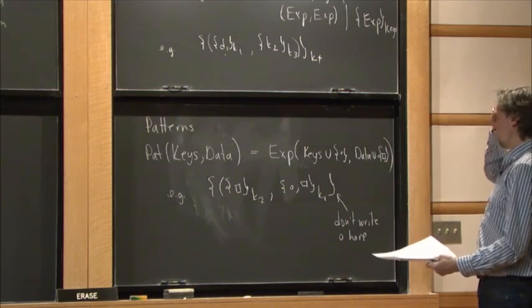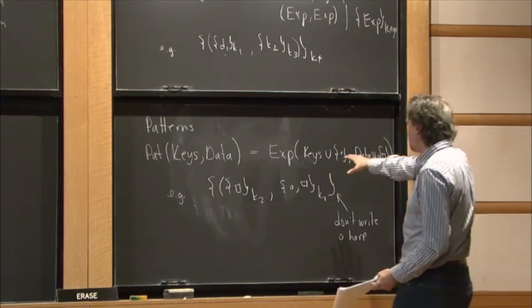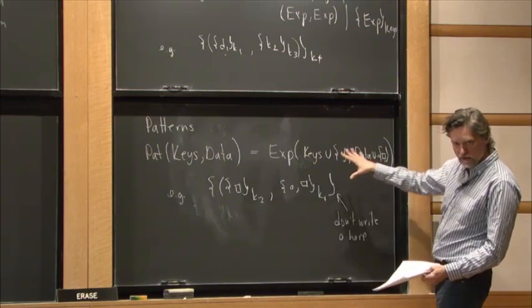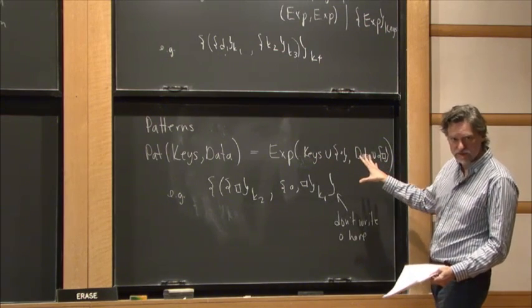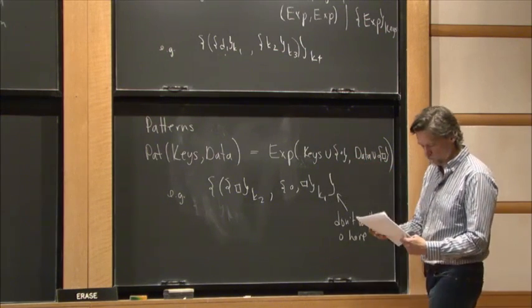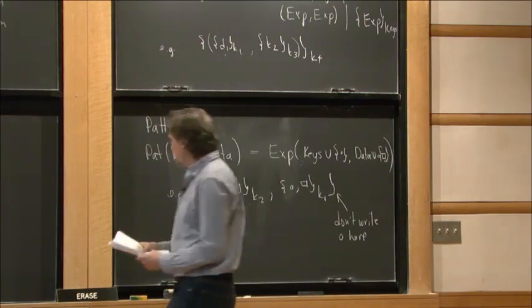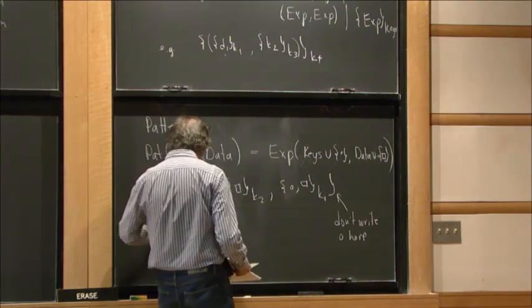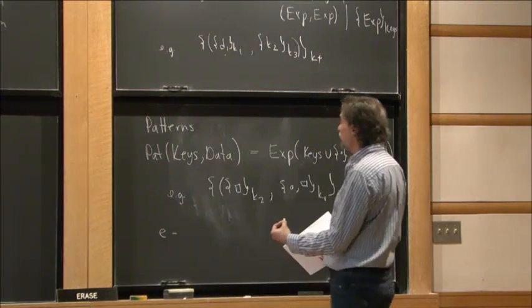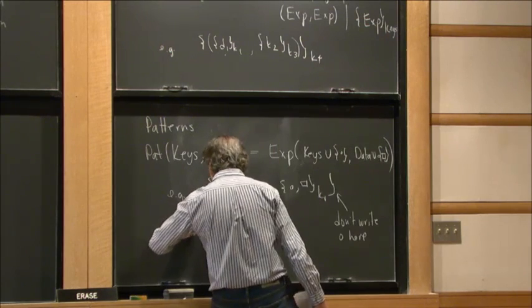Yes, this is an example of a pattern because it's anything that we get as an expression, but we're allowed to now use these new symbols of the circle and the box. So from now on, when I write E, although E generally means expression, it's going to mean any pattern.